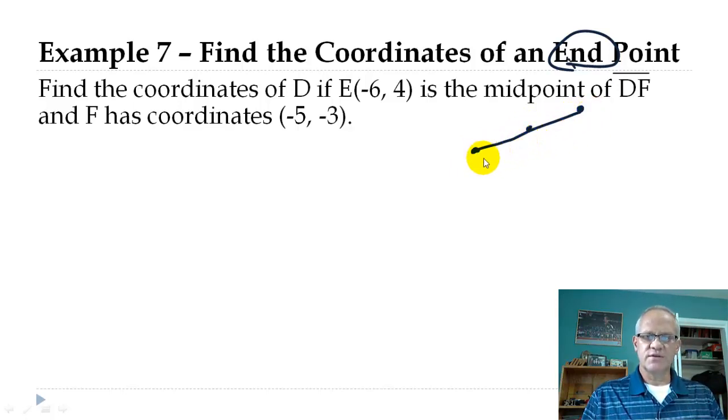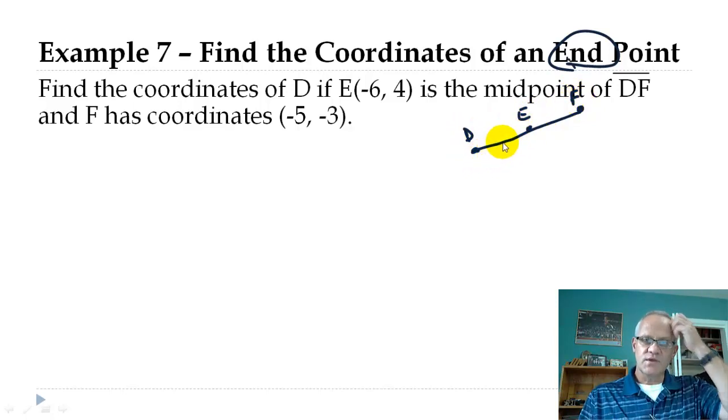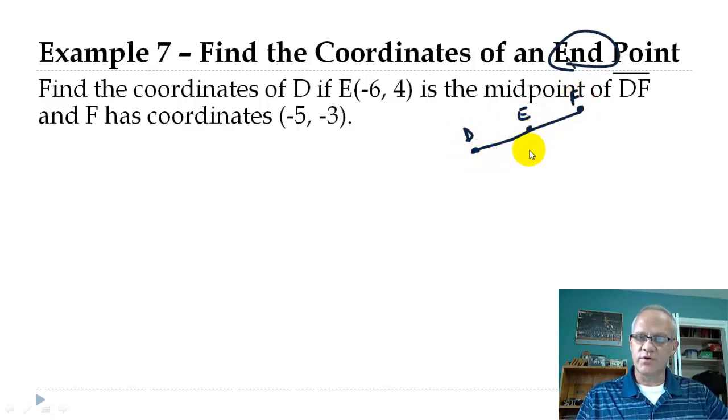Well, what we're going to do now in this case, let's say E is the midpoint. So that's going to be E, and this is D and F. What we know this time is we know the midpoint, it's -6, 4. And we know that F is -5, -3.